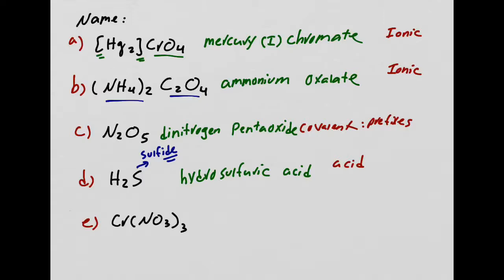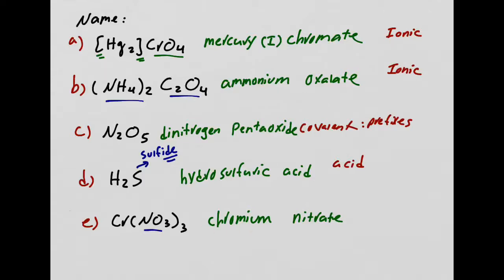All right, good job for hanging in there. Next one is Cr. Cr is chromium. Okay. Now, what is NO3? Polyatomic ion. Hopefully you go, oh, I know that polyatomic ion is nitrate. There's one part you should not forget, and that is chromium is a transition metal.